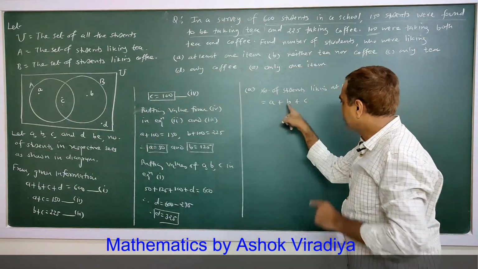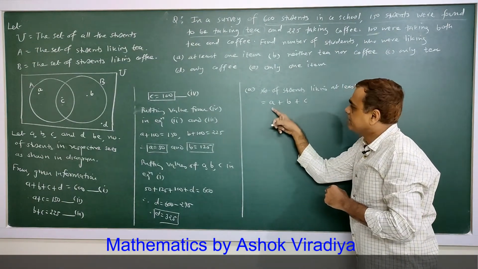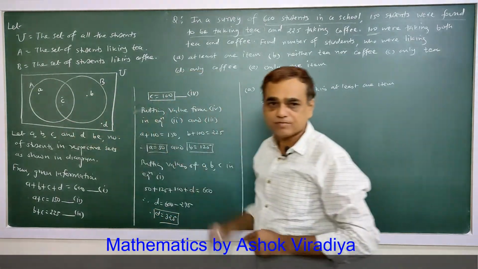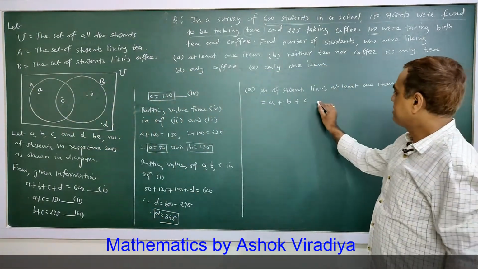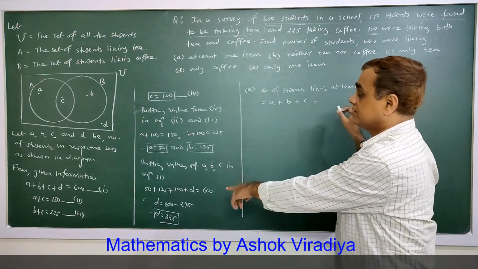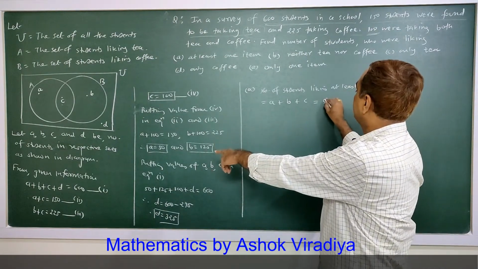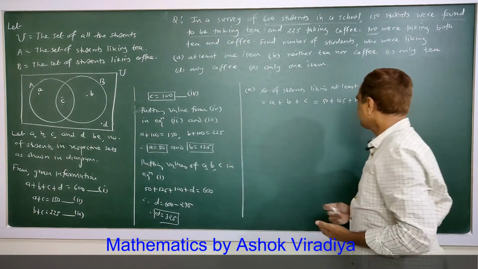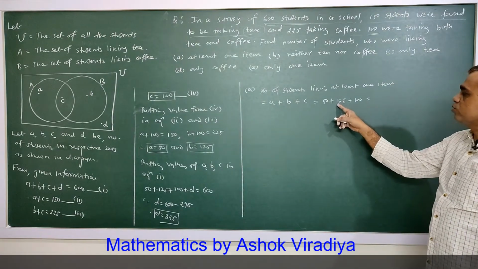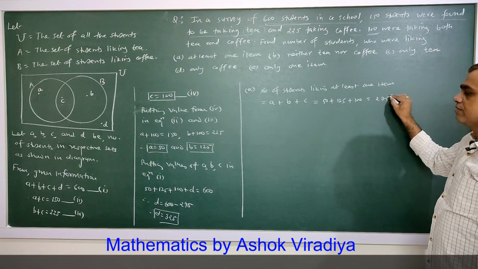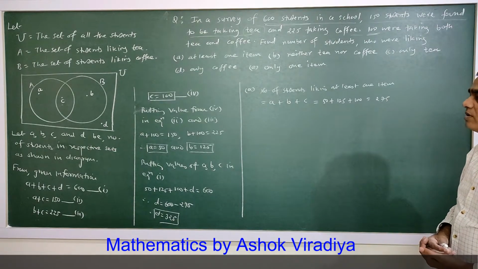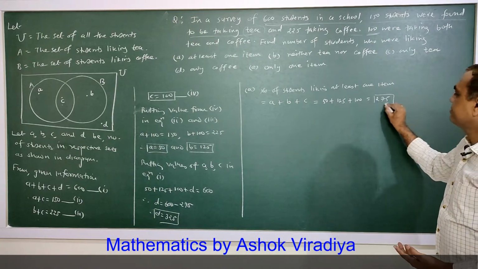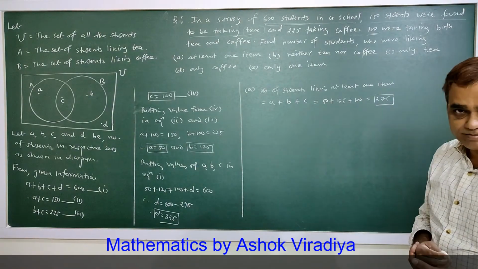So it means at least one. Take the sum of all the elements which are in circles. A is 50, B is 125, C is 100. So 100 plus 100, 200, so it is 275. So 275 students like at least one item.